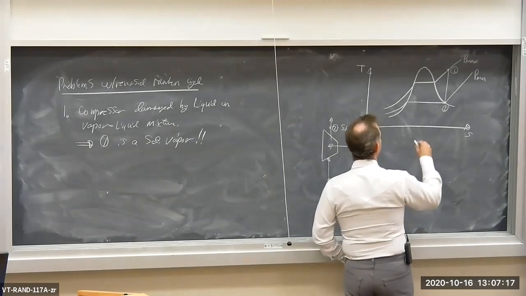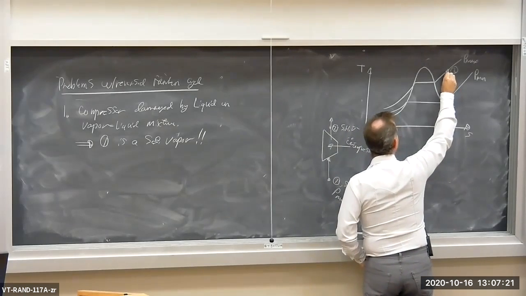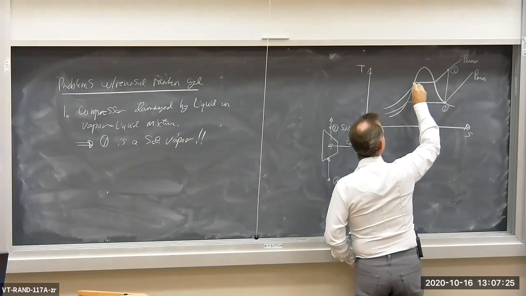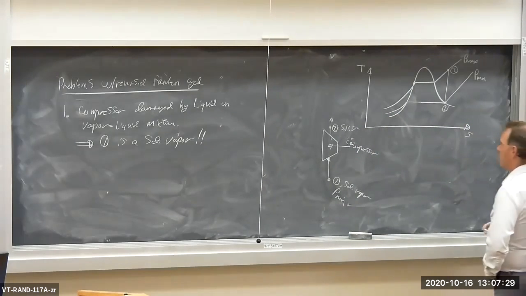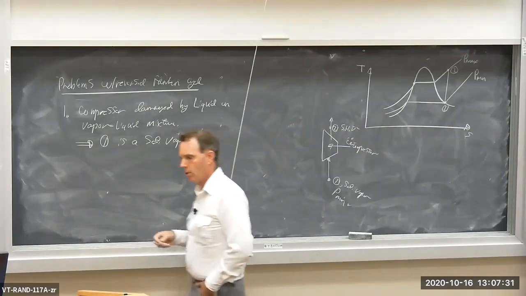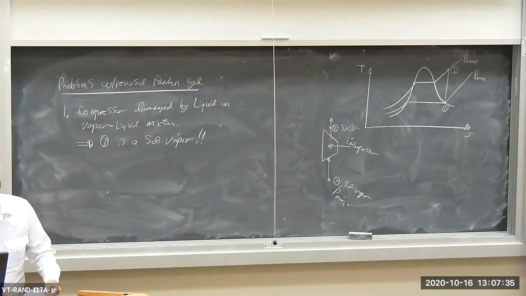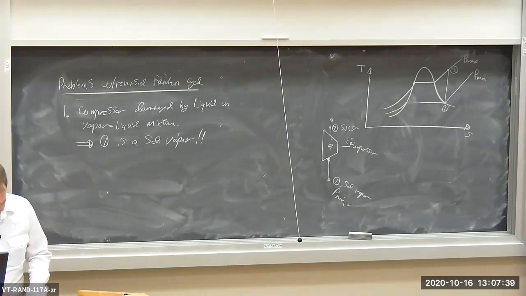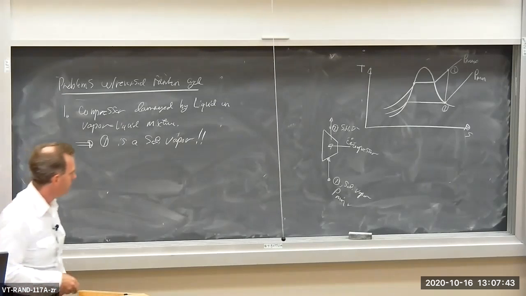Then we are going to reject heat all the way down to a saturated liquid. Actually, let me check this and make sure. I want to make sure that state is correct for the ideal cycle. I don't want to give you some improper information here. Yes. Okay.